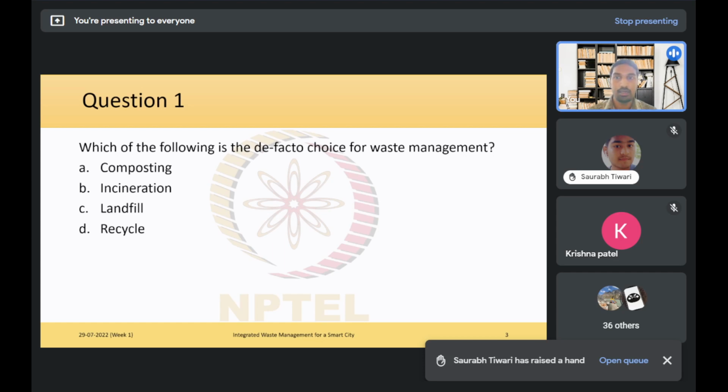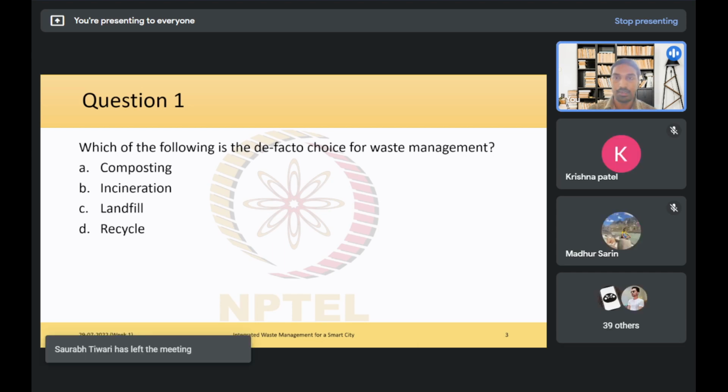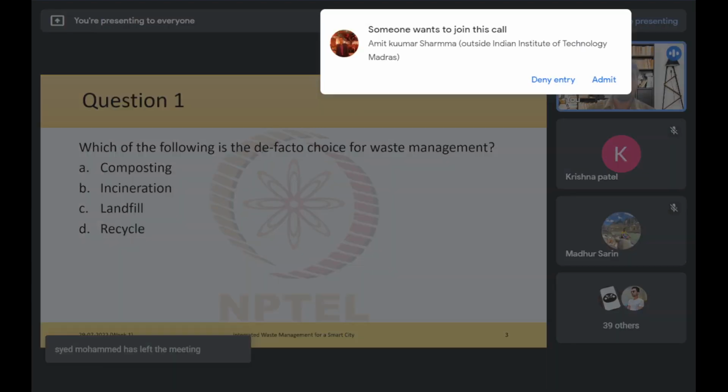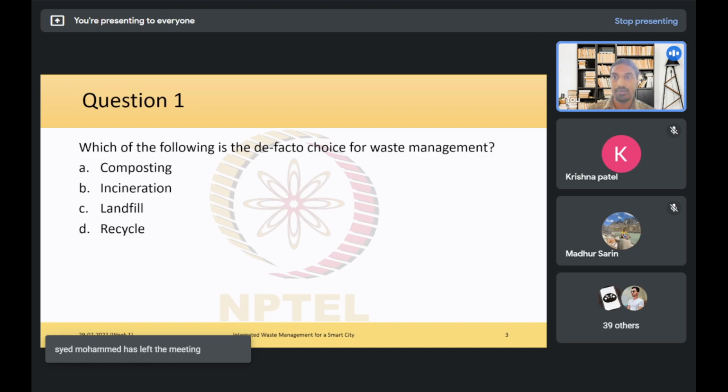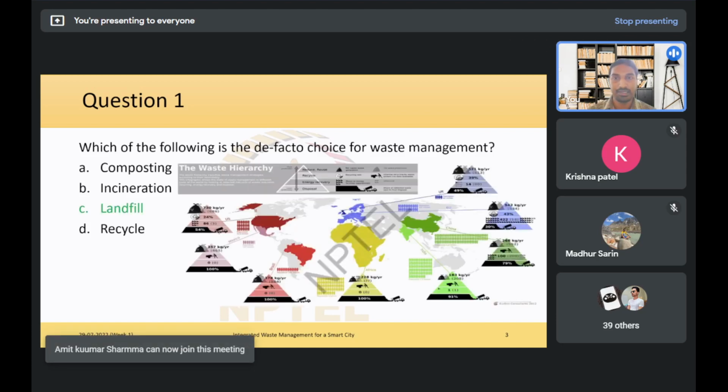If we can't do any more process or any useful recovery from it, ultimately the waste ends up in a landfill. And finally, in recycle, we try to reintroduce the materials that we have already used back into the production process, so that we don't have to use new materials every time, right? So out of these, the most used choice for handling the waste is the landfill, option C.